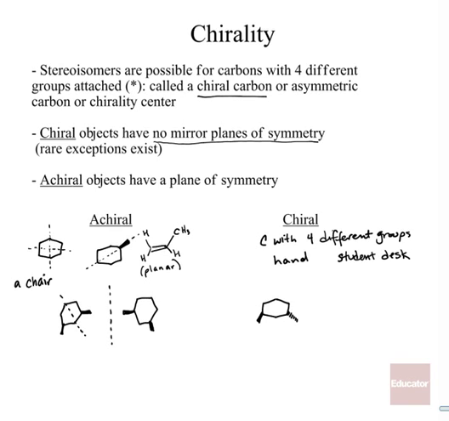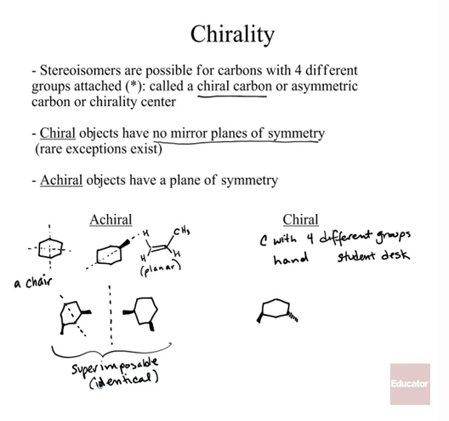Hopefully you can see that if I just picked this up and moved it over, I would in fact be able to match up every single atom on the first structure with the one on the second. So we describe this as being superimposable, or identical. In other words, they are identical to one another.